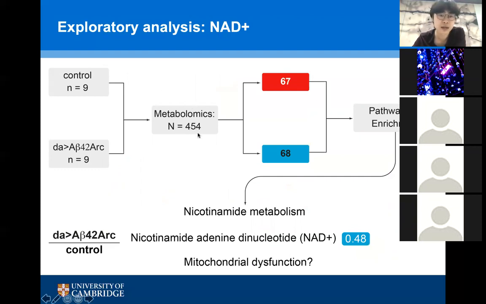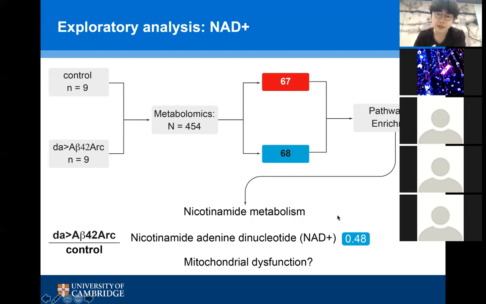We detected more than 400 metabolites in our samples, and then we used an in silico computational workflow to look at what processes in the brain of these flies are altered. And we found that nicotinamide metabolism is most influenced in the flies expressing toxic amyloid beta.